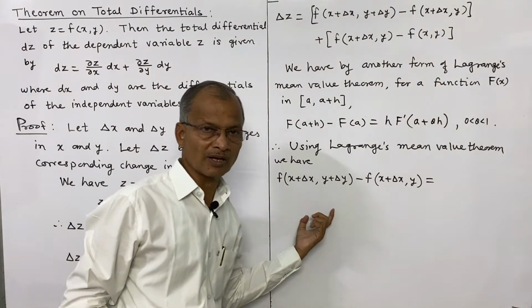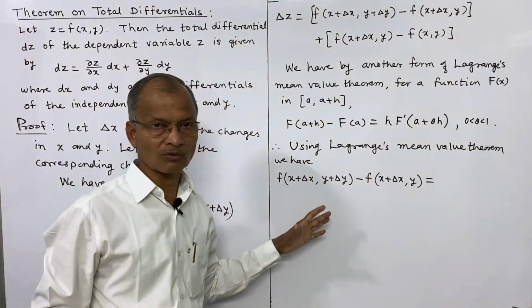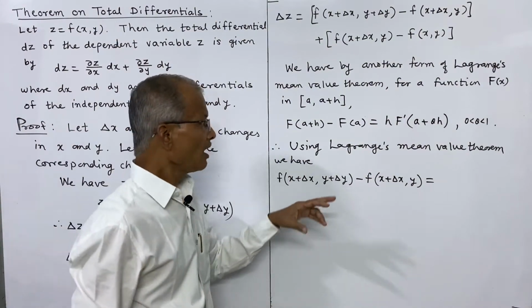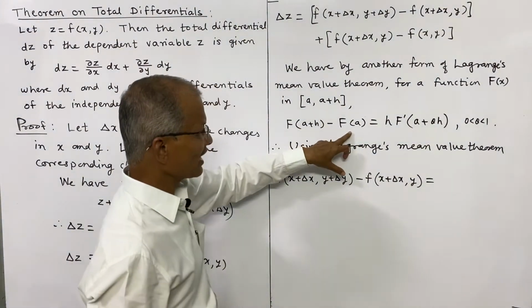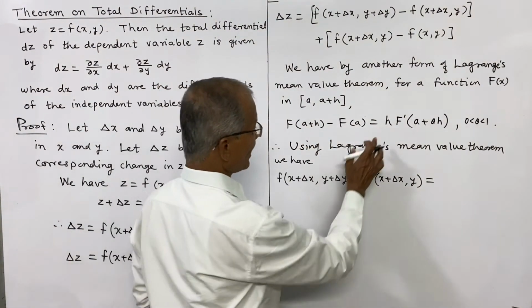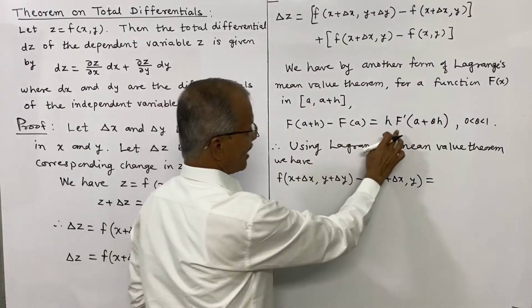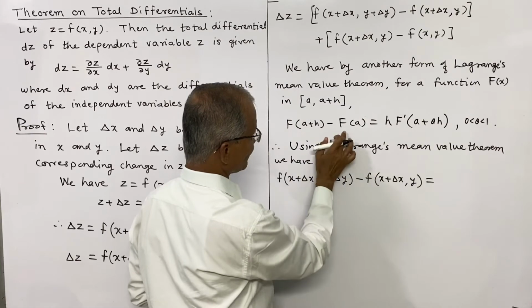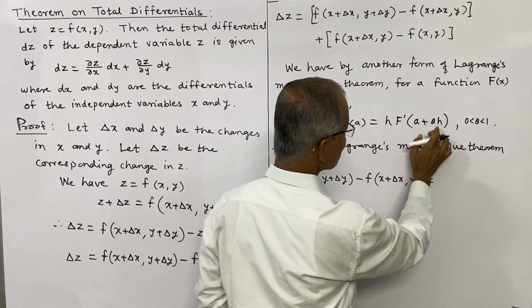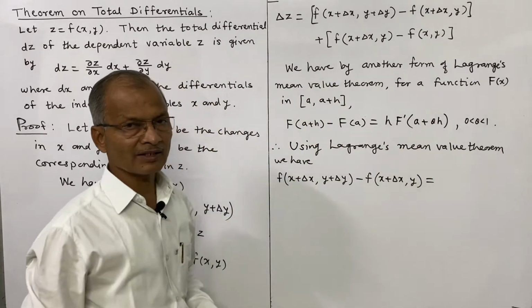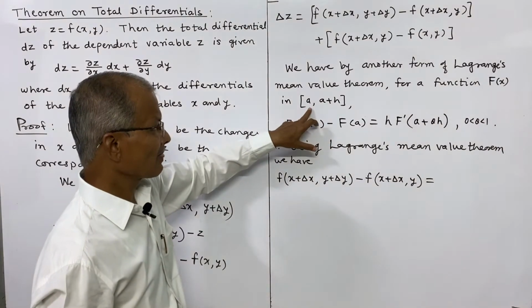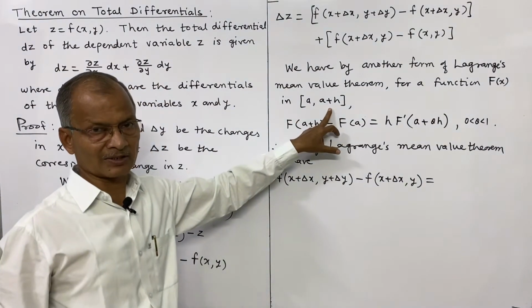This is a two variable function, and that change we have to note. Here F of a plus h minus F of a is equal to h, where h is the change in these values, times F dash, the total derivative of this function F at a plus theta h. A plus theta h is the value in the open interval a to a plus h.